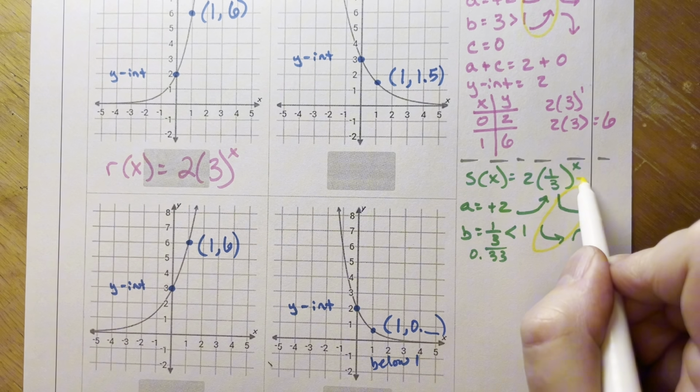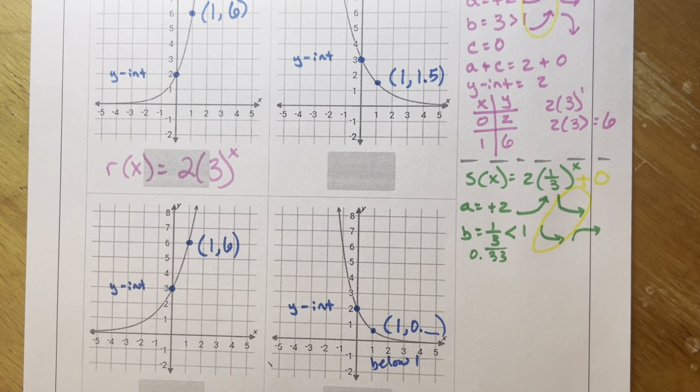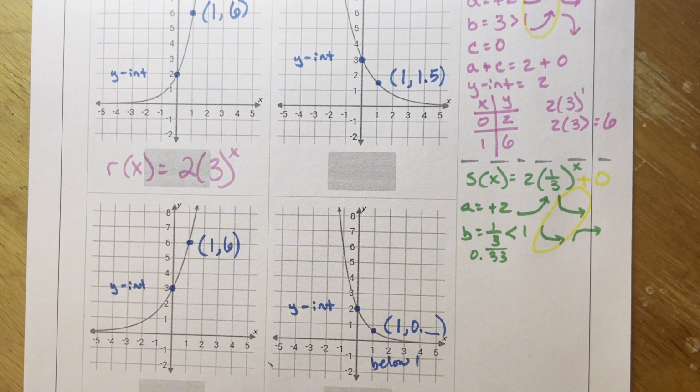Let's look at C. There is nothing visible added to the end of our function. Therefore, C is equal to 0, and we can then determine our y-intercept, where A is 2 plus C, which is 0. So our y-intercept is equal to 2. So our fourth graph option should be the graph that we look for.